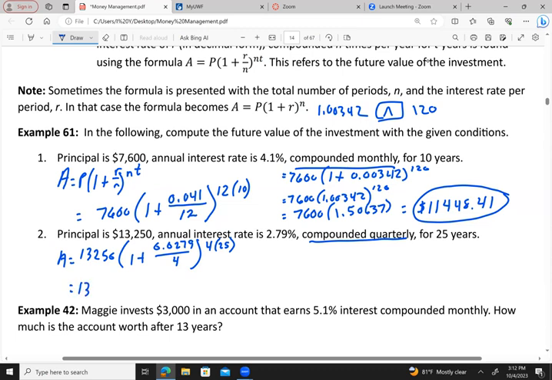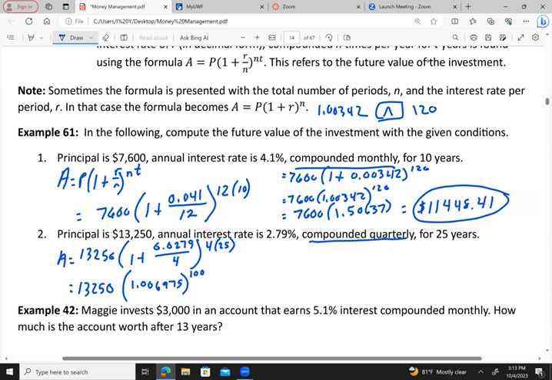So we bring down our $13,250. And we have 0.0279 divided by 4. And then I'm going to add that to 1. And I get 1.006975. And 4 times 25 is 100.